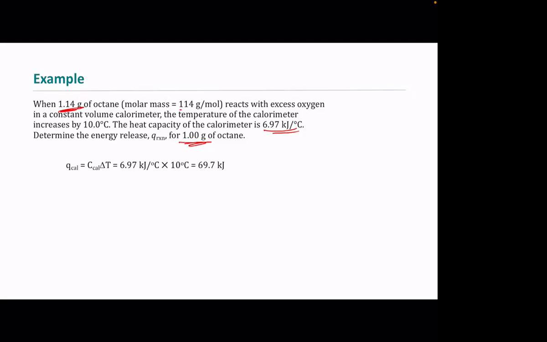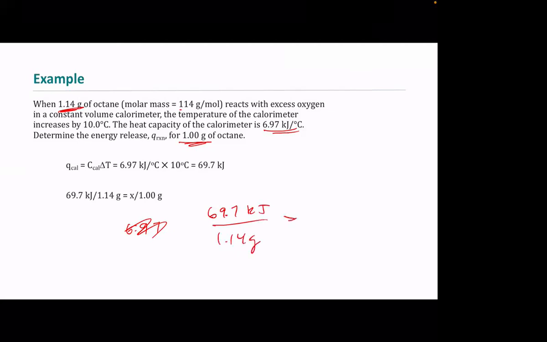So just set up a ratio and solve it. 69.7 kilojoules for every 1.14 grams equals X kilojoules per 1 gram. That's all. Or you just multiply it by dimensional analysis: 69.7 kilojoules per 1.14 grams, times 1 gram.